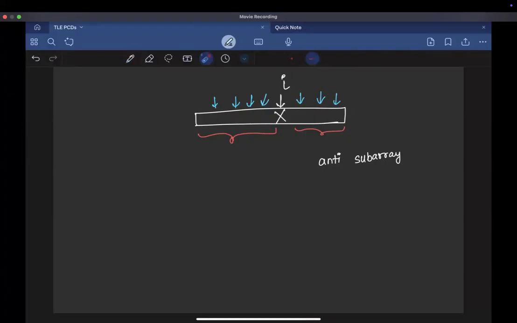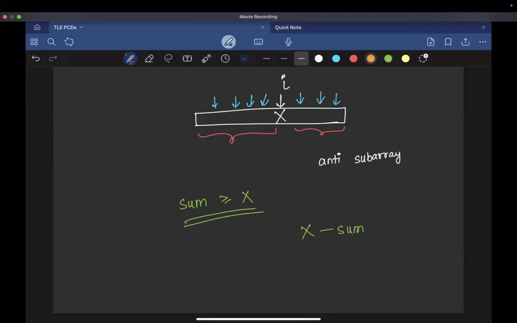So what if I say for every guy, one by one, just consider it as the hole of an anti subarray. Find the sum of all of the elements on the left hand side and the sum of all of the elements on the right hand side, all the positive elements, and you would get some sum. This thing should be greater than or equal to x. If this is less than x, then the answer would be x minus sum. Right. This is the approach I got in mind.